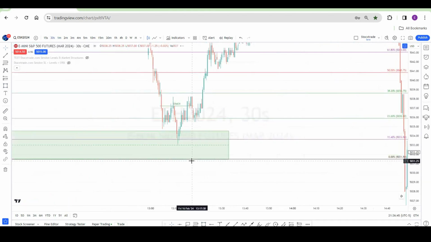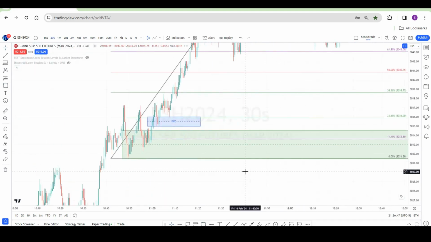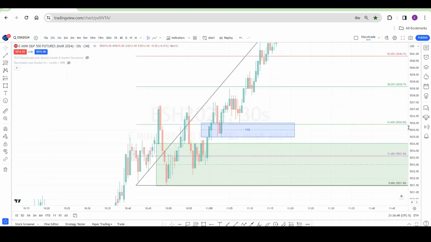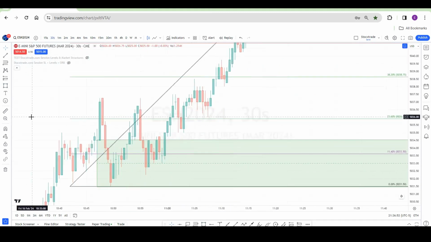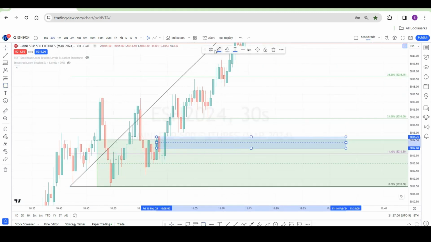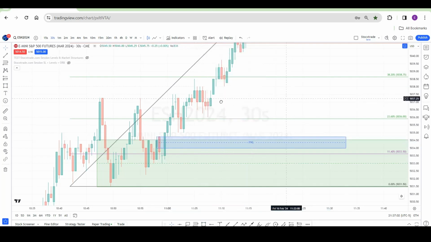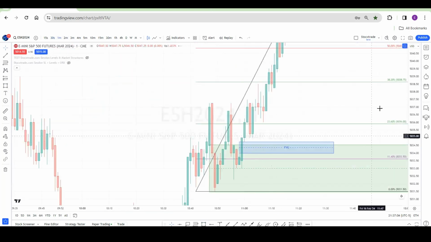If I don't get the fair value gap in 1 minute, sometimes I also switch to 30 seconds. Sometimes you see that my chart is showing 30 seconds. Now I'm getting the fair value gap, which is not mitigated. It is still valid, just extended.